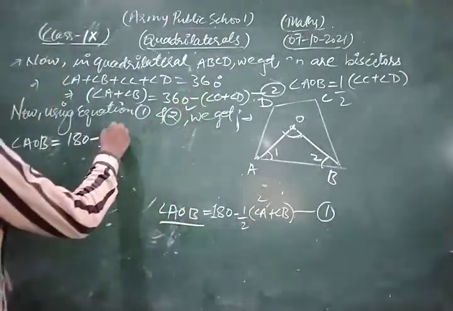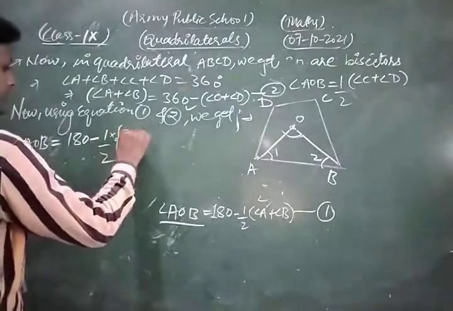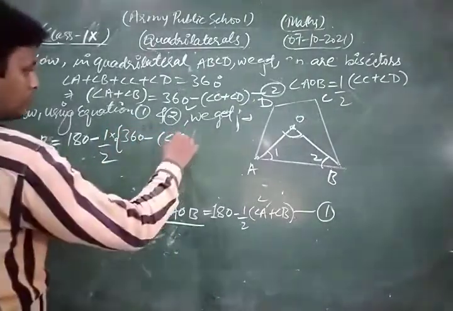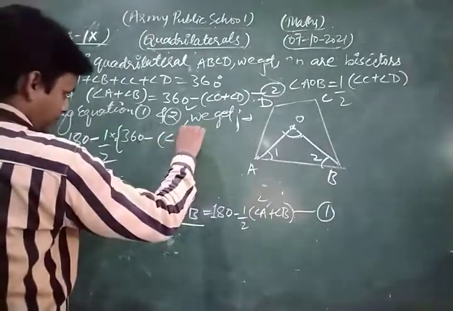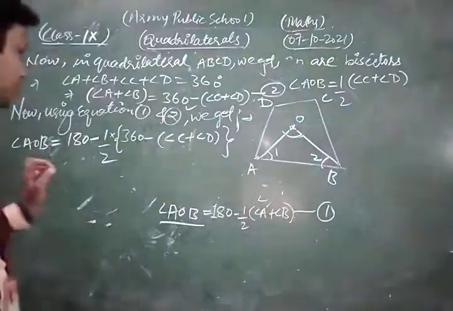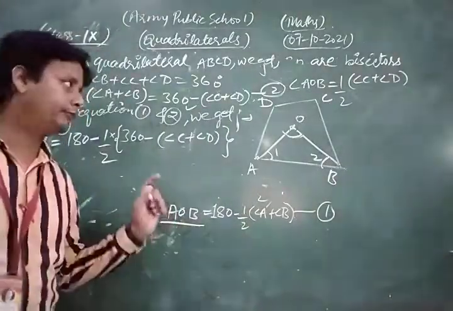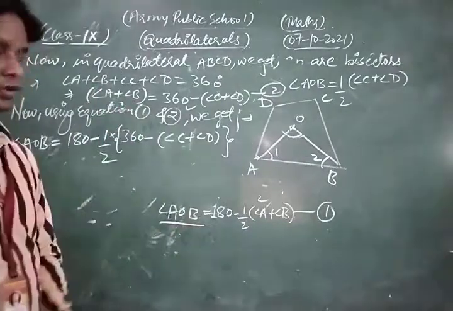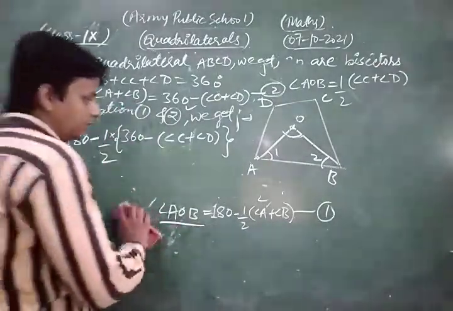This. So here we are putting it: 360 minus angle C plus angle D. So we just put the value of angle A plus angle B in equation 1. So we get this relation. Now we simplify them.